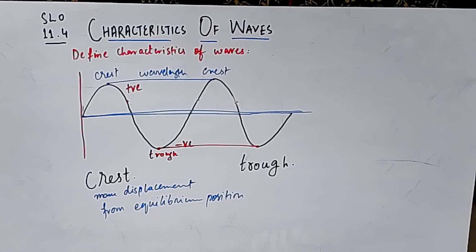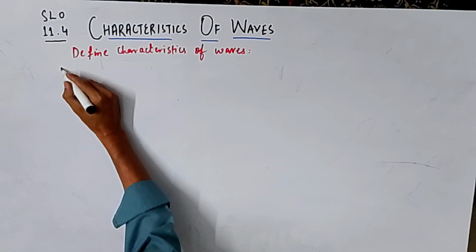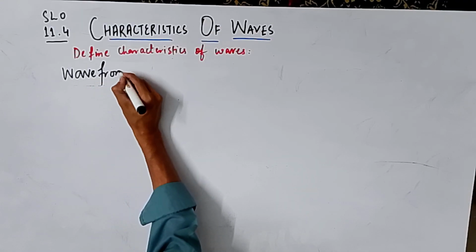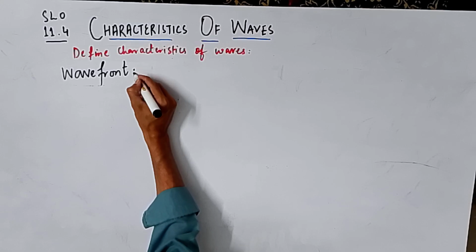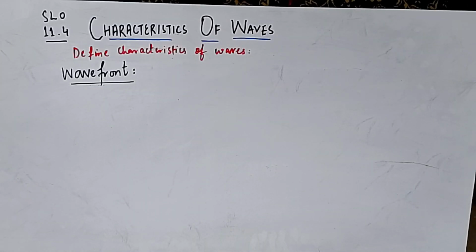Now the next property that we will discuss is wavefront. Let me rub this and then I will explain wavefront. The next characteristic of a wave is the wavefront. The characteristics that we have discussed so far are very common and very easy.